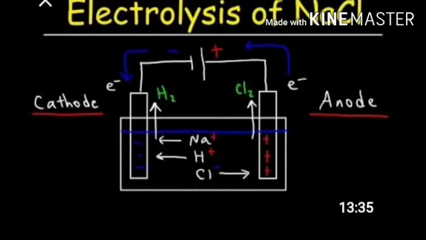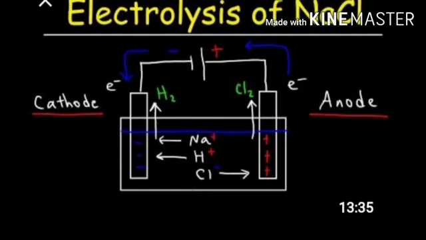When electricity is passed through an aqueous solution of sodium chloride, it decomposes to form sodium hydroxide. In this process, chlorine gas is evolved and given off at the anode and hydrogen gas at the cathode.